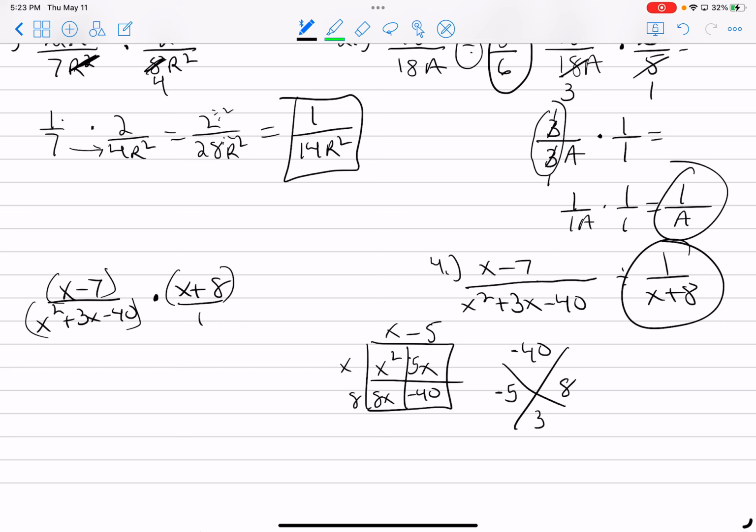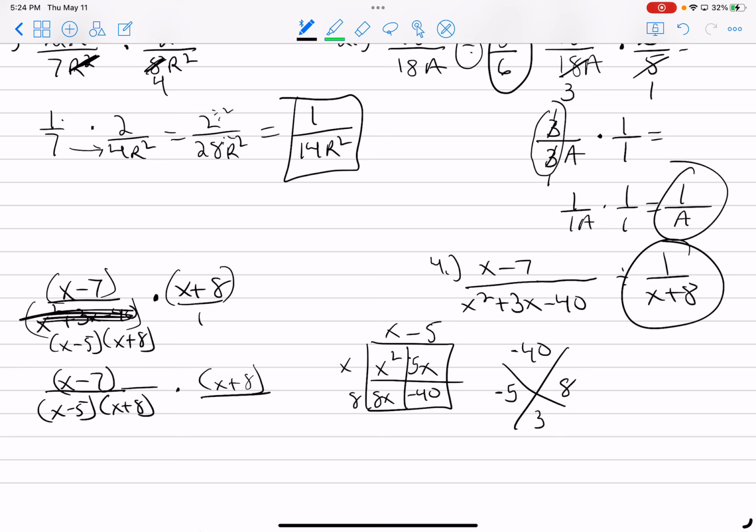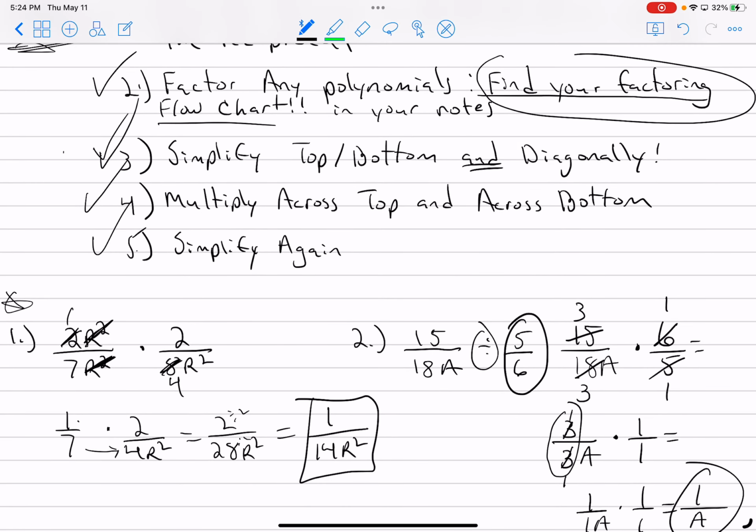So this thing factors into x minus 5 times x plus 8. That's what we just turned it into. So I now have x minus 7 over x minus 5 times x plus 8 times x plus 8 over 1. And now I did my factoring.